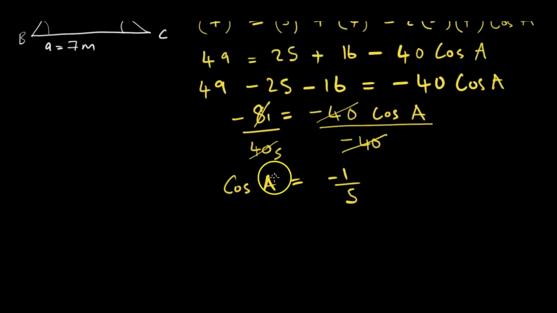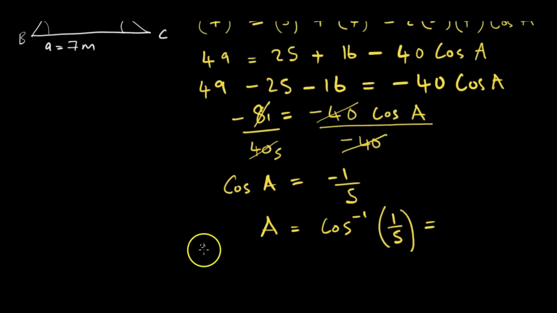So from here, if we want to find A, which is the angle, because we are not looking for cos A but A, we are basically going to take the arc cos of what? Of minus 1 over 5, which will give us an answer of what? So going to our calculator, checking first that it's in degrees, deg, then on my particular calculator I press shift, then cos, then 1 over 5.